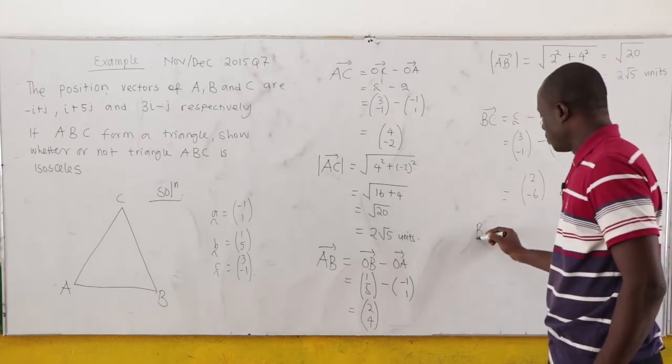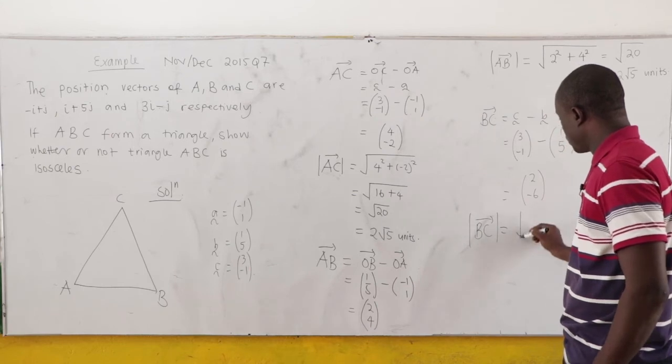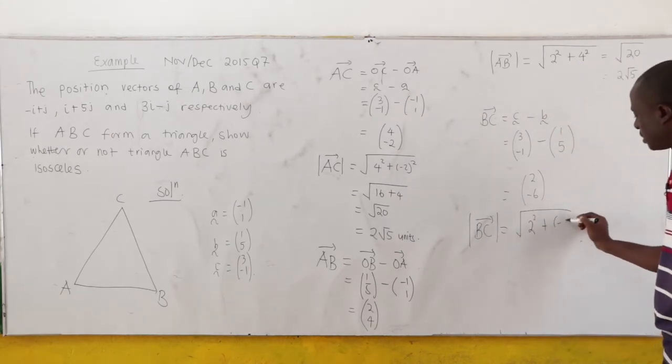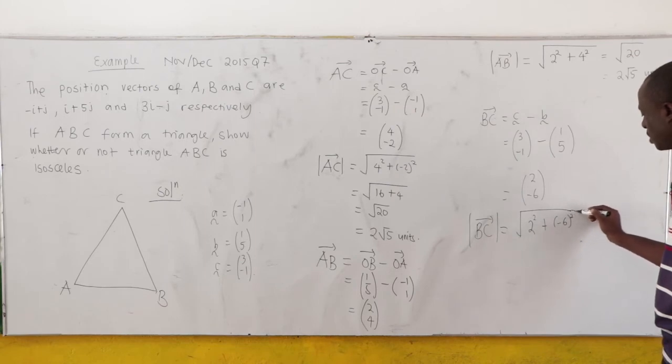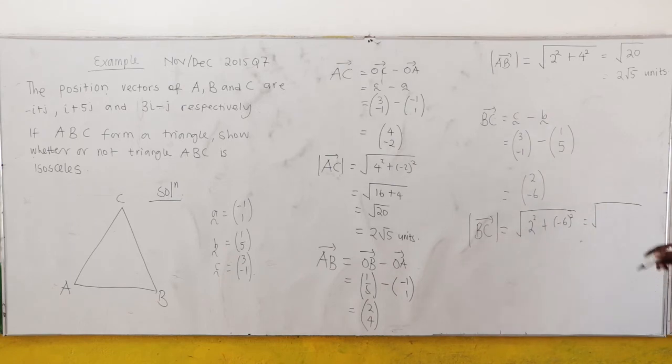So, the magnitude of BC will be square root of 2 squared plus negative 6 squared. And this is the same as square root of 4 plus 36. This is the same as square root of 40. And this is root of 4 times 10, which is the same as 2 root 10 units.